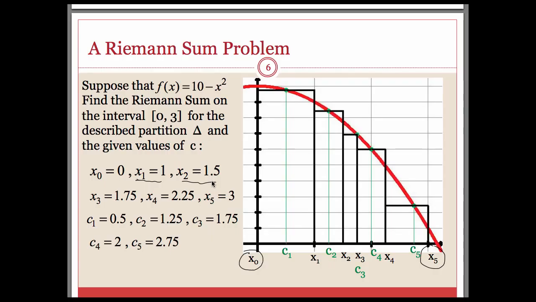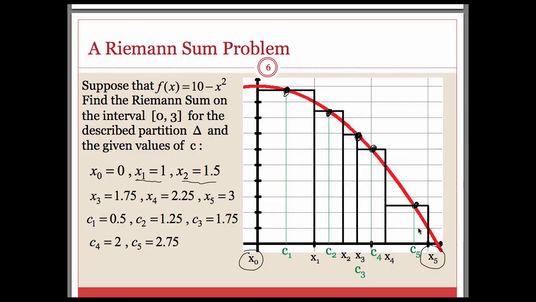Now notice how we're going to get the height of each rectangle. Notice how each of these rectangles is hitting the curve someplace. These points at which the rectangle is hitting the curve correspond to those c values. So the c values are the x coordinates we are going to use to generate each of the heights of the rectangles.